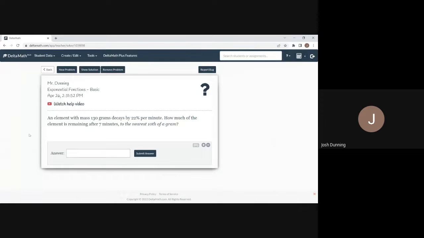An element with mass of 130 grams decays by 22% per minute. How much of the element remains after 7 minutes to the nearest tenth of a gram? All right, so we're losing at 22% per minute.